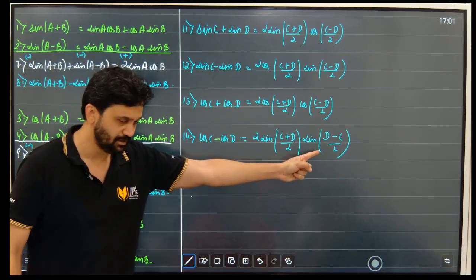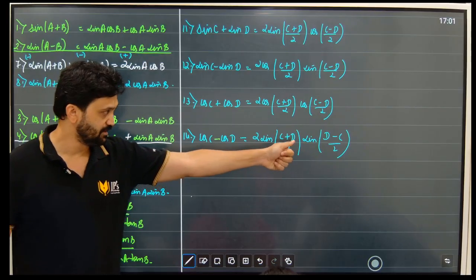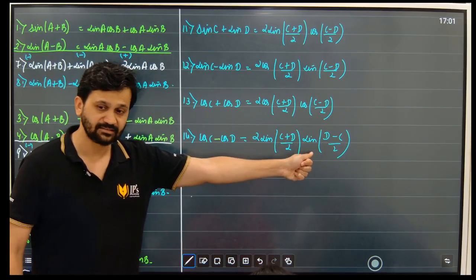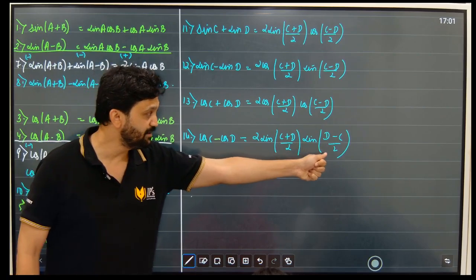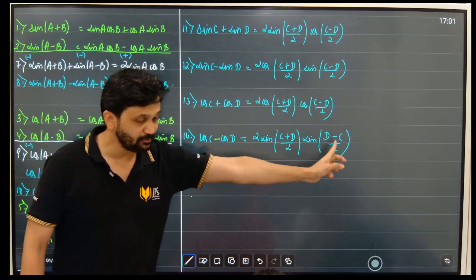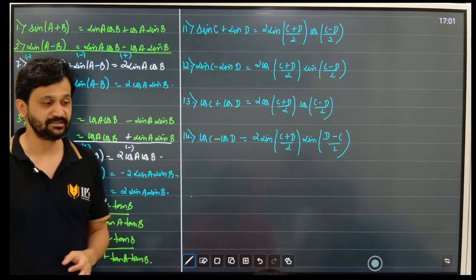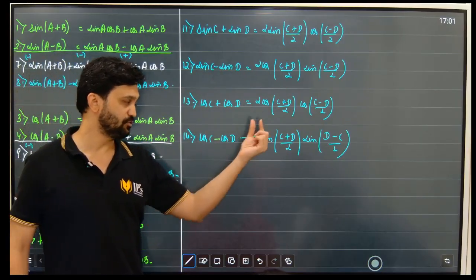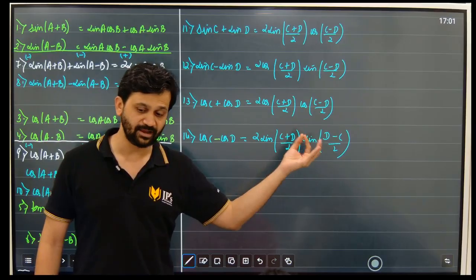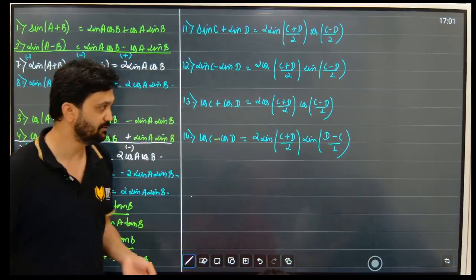Please be careful. In cos C minus cos D, it is the only formula where it is sin((D−C)/2. In the other three formulas above, it is (C−D)/2. Cos C minus cos D is the only formula where we do sin of (D−C)/2.